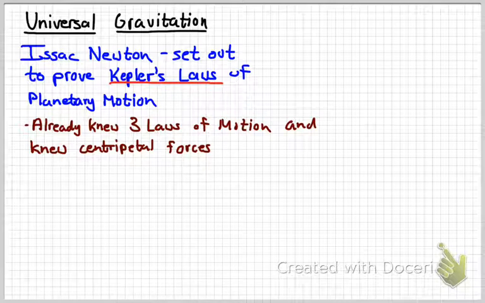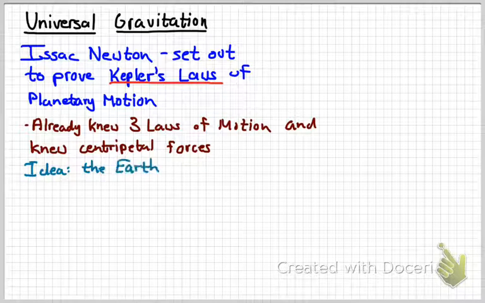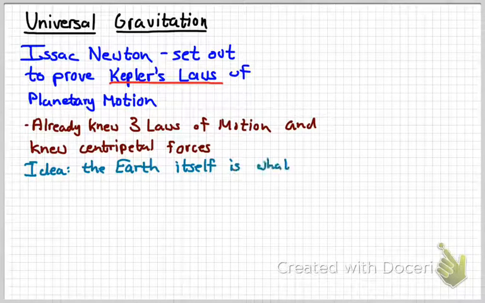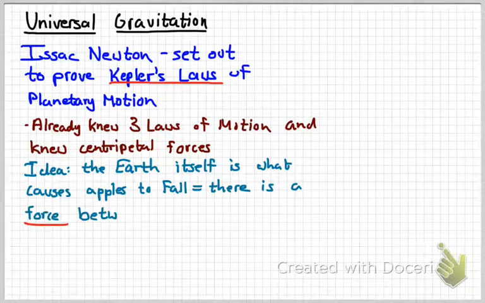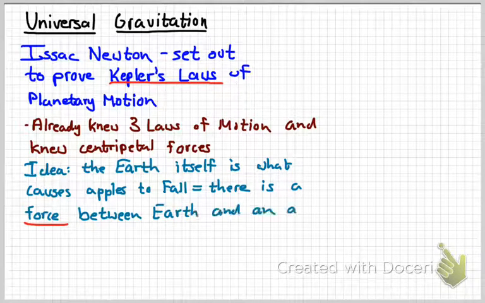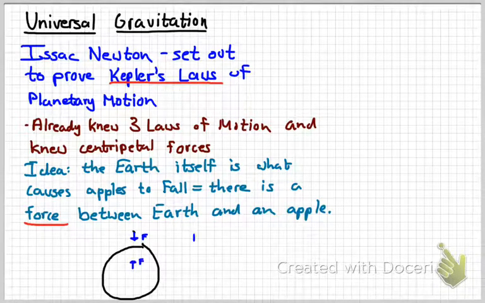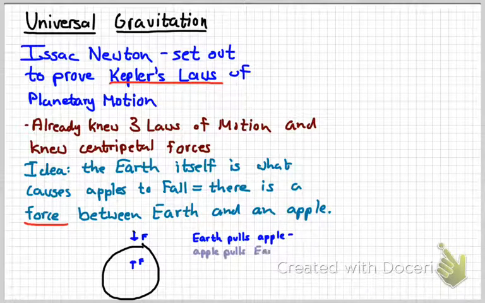Because the planets are in motion around the sun and they're turning around it, he knew that centripetal forces were involved. He was sitting in an apple orchard, and so the idea that he has is that the Earth is what's causing things to be pulled towards it. In the case of an apple, he had the big idea that the Earth itself is what causes apples to fall.